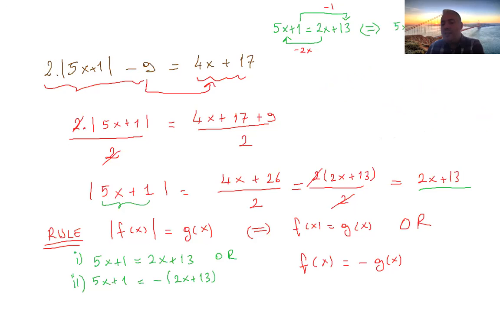So 5x minus 2x is equal to 13 minus 1, which is 12. So 5x minus 2x is 3 times x, equal to 12. And then how can I find x? X is equal to 12 divided by 3. So x equals 4. Now, x equals 4 is one solution.